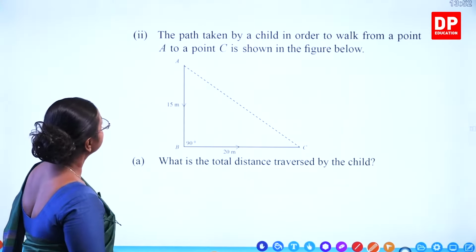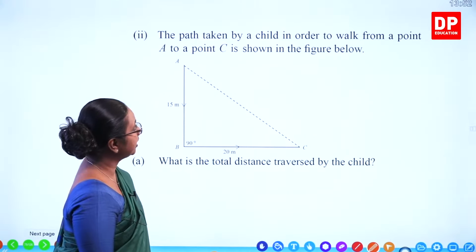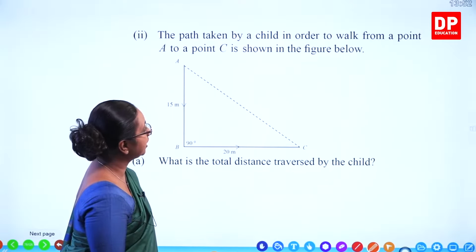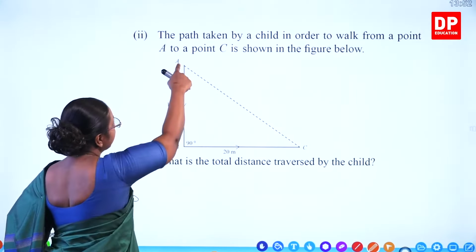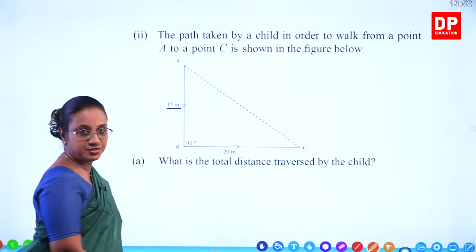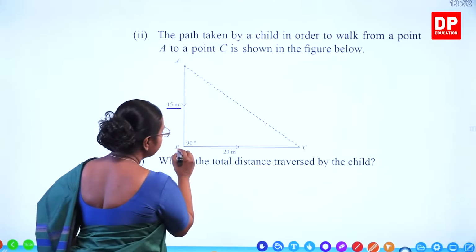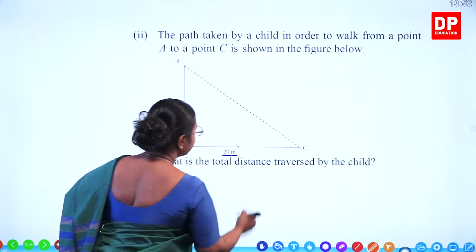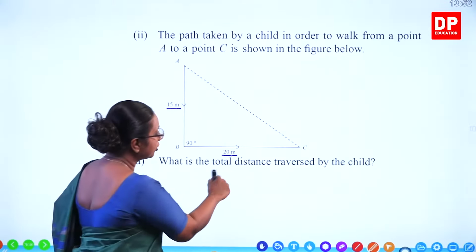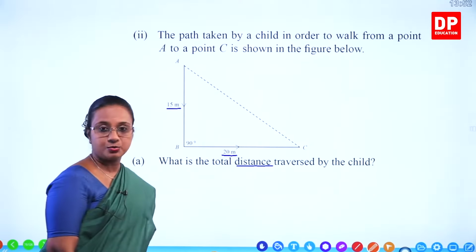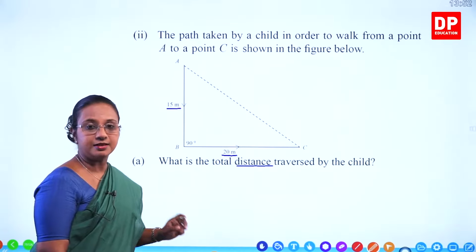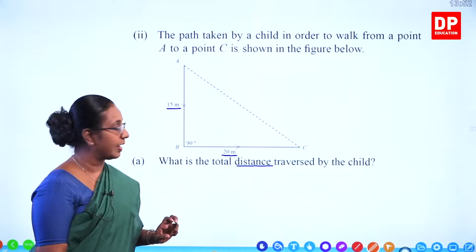The next question, the path taken by a child in order to walk from a point A to a point C is shown in the figure below. So from point A, the child takes this path to point B. The length of the path is 15 meters. Then from point B to point C, the length is 20 meters. So the first question, what is the total distance traversed by the child? As you all know, for distance, we don't have to consider the direction because it is a scalar quantity.